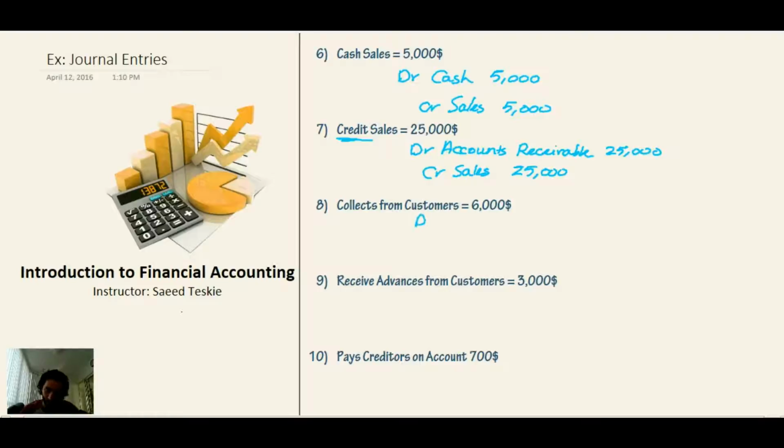So debit cash for 6,000, and we will credit accounts receivable by 6,000.